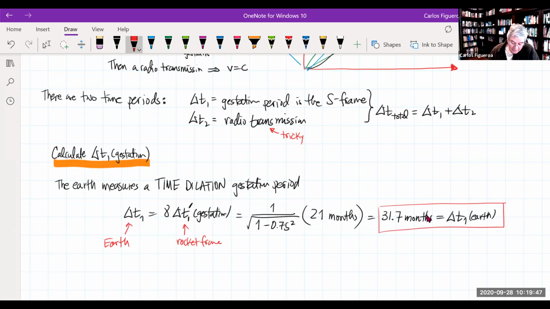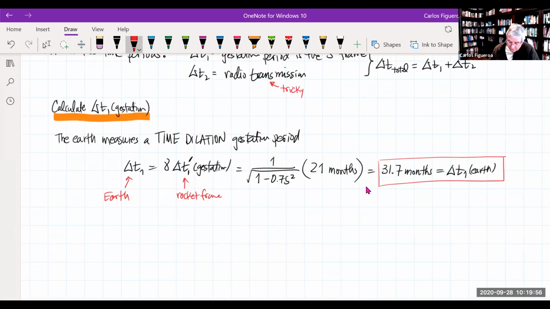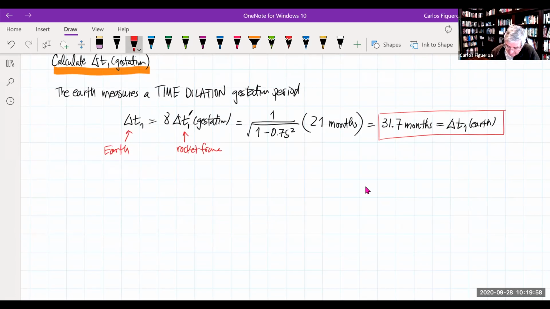Now we come to the radio transmission, so let's go look at that. There's nothing surprising about this first one. This is the surprising one. Now we want to calculate delta T2, which is of the radio transmission. If I look at this here, what am I seeing?